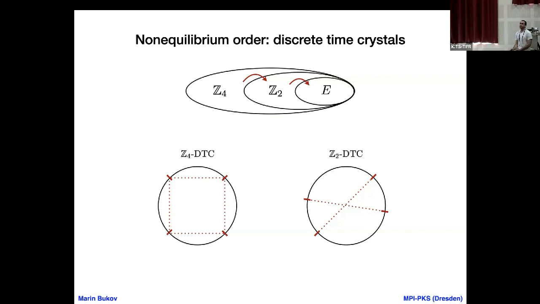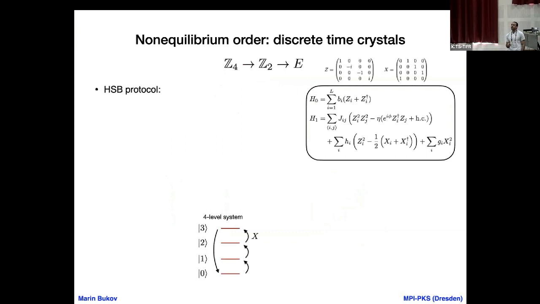So in particular, what we did here is we considered two different types of prethermal DTCs. One where we have a Z4 DTC, so a DTC with a Z4 symmetry, and then the Z4 symmetry group would be broken to the Z2 subgroup, which, if you wait longer, essentially gets broken altogether.